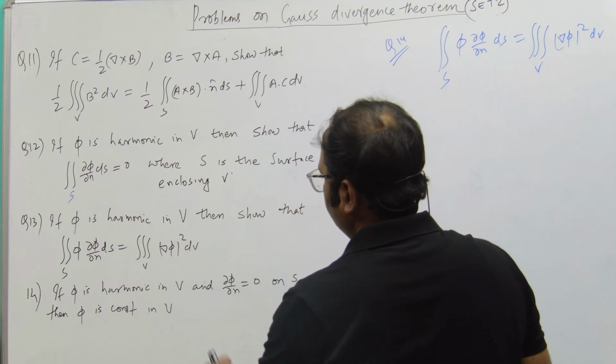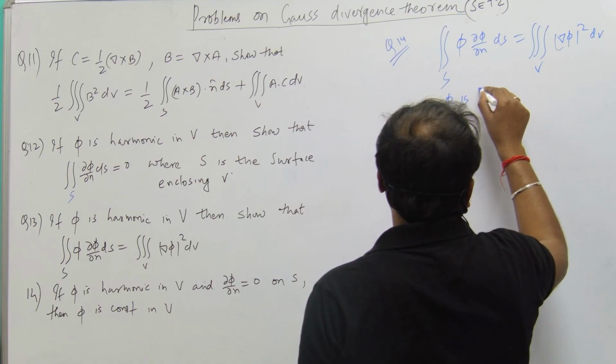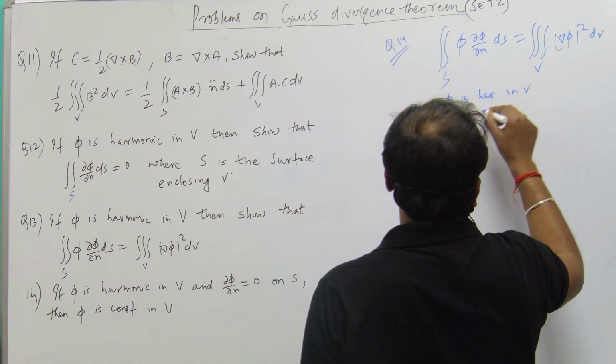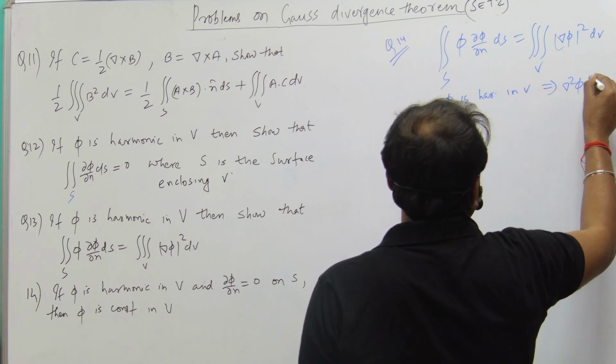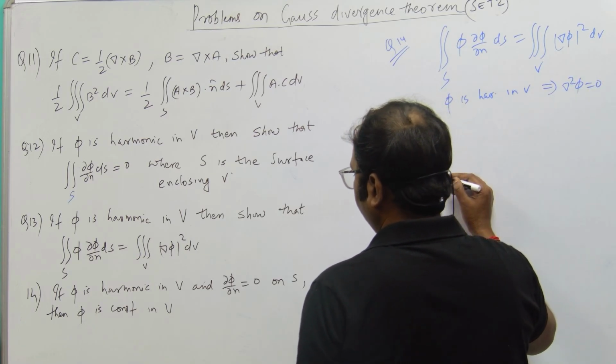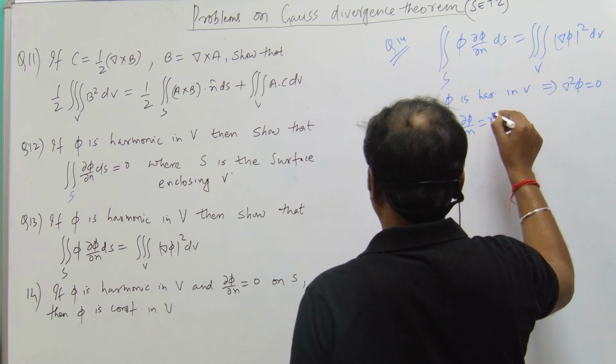In the question, it is given that phi is harmonic in V, which means del square phi is equal to 0, and that del phi upon del n is equal to 0.